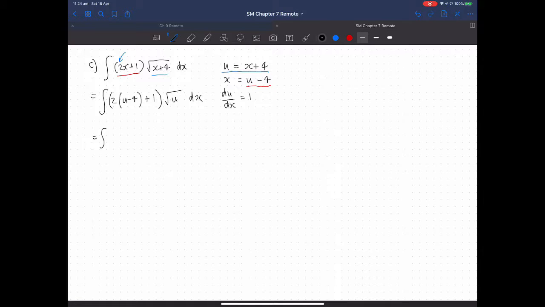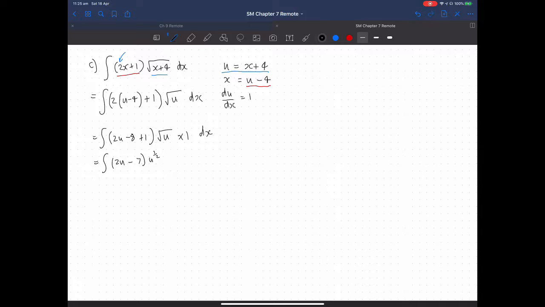So we're going to go integral of (2u minus 8 plus 1) times the square root of u times 1. Because I'm multiplying by 1, I'm not changing the problem because 1 times anything is itself. So the integral of 2u minus 8 plus 1 becomes (2u minus 7) times u to the power of 1/2.